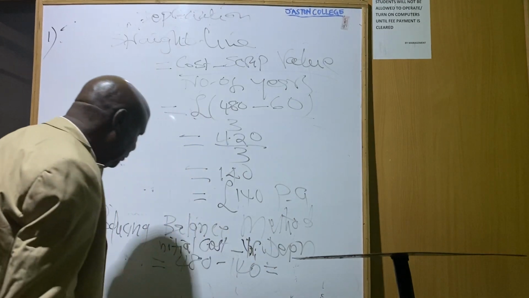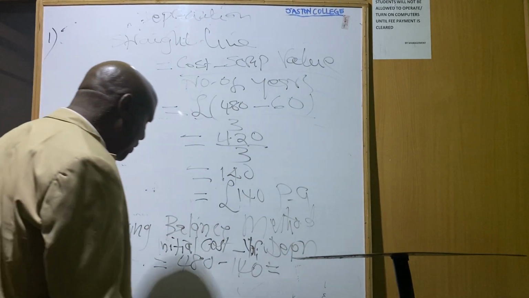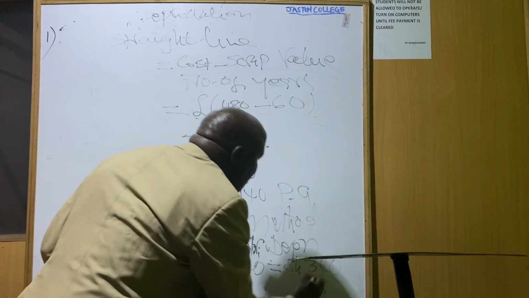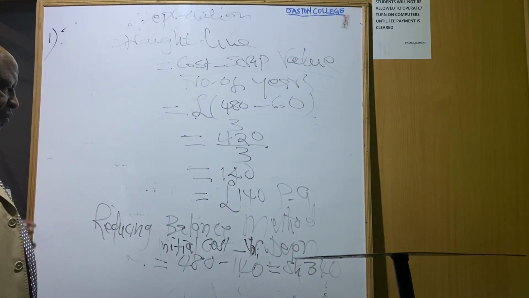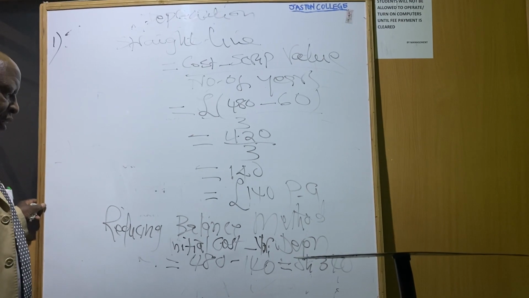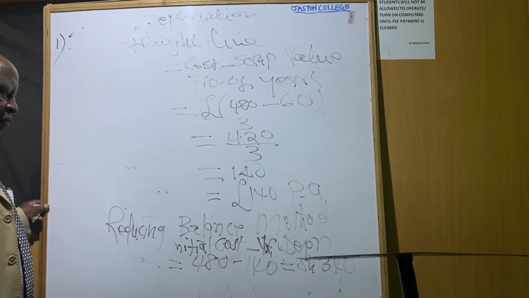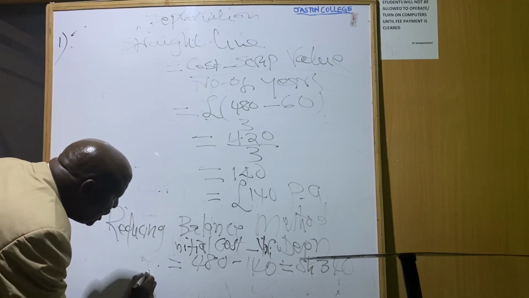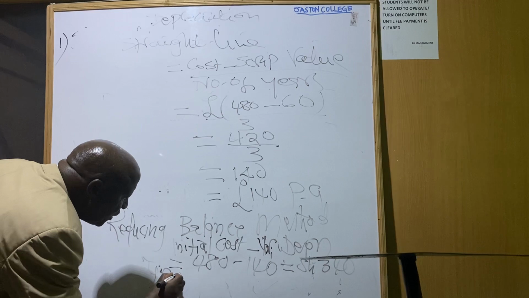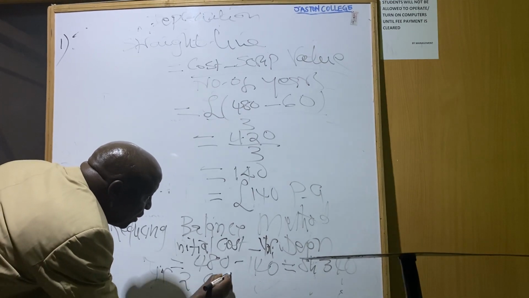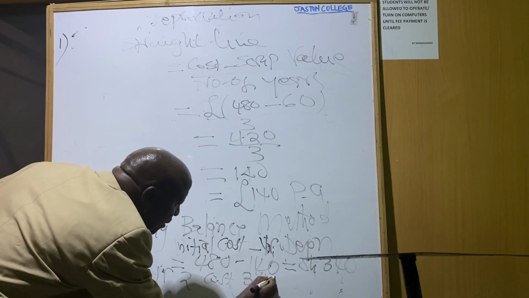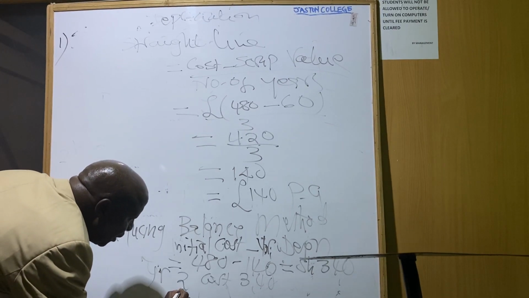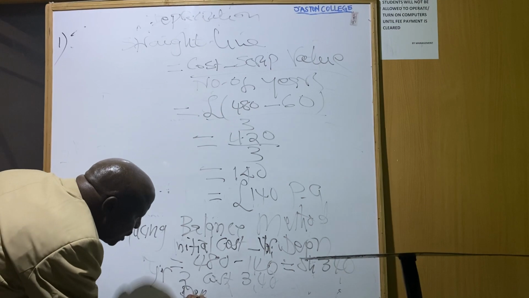It will be 340, and that will be for year 1. For year 2, the cost will be 340. And then depreciation will be for the third year.